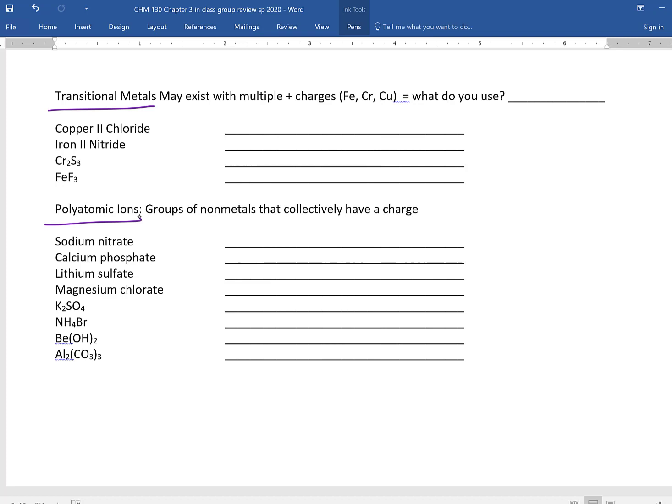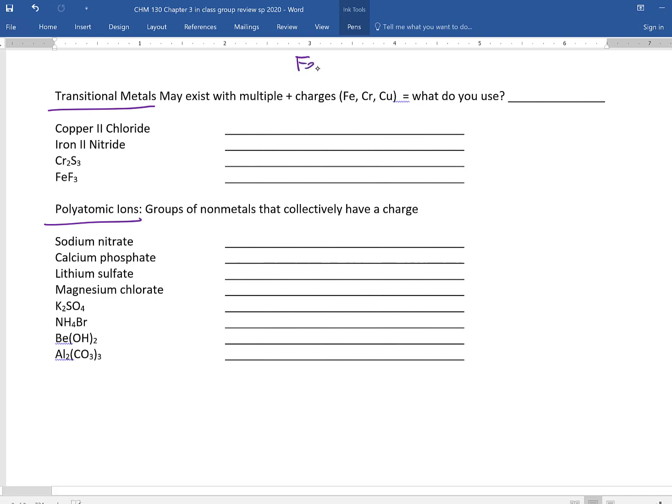What is sort of different about them is they don't automatically lose a certain number of electrons. They can exist with a variety of different types of charges, always positive, but there's just 3 that I want you to know. And the reason is because we will talk about them again. So one of them is iron.